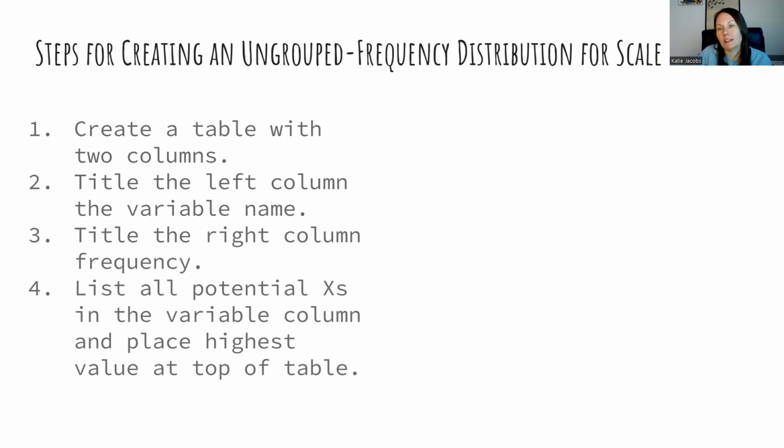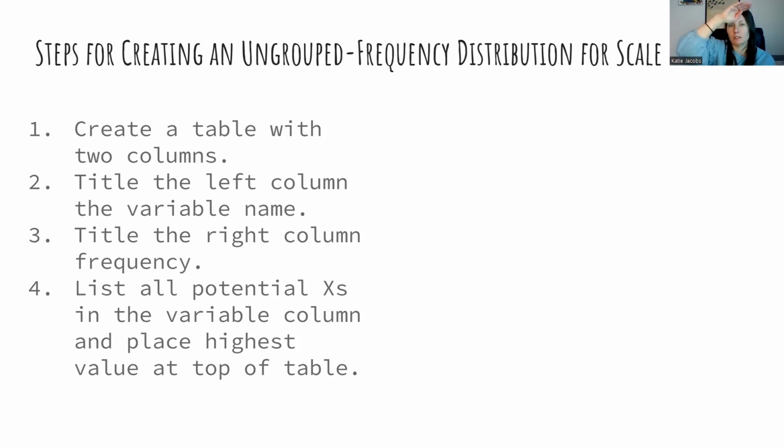When we have data that's on a scale, we'll have the highest maximum values at the top all the way down to the lowest value. So if I was saying, hey, let's do an ungrouped frequency distribution table for test scores, and let's say we had one person who got 100% on our test and we had one person who got a 0% on the test.